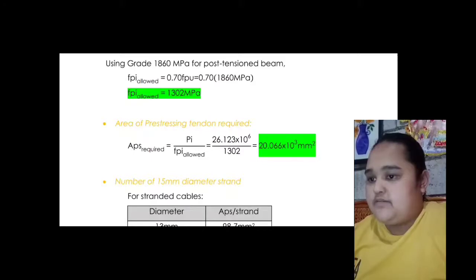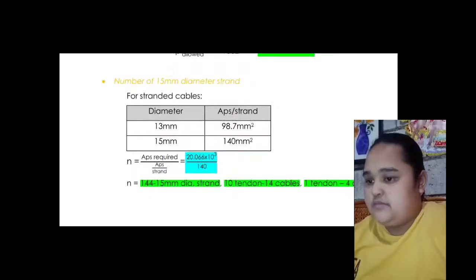The number of 15 mm diameter strand, N, is equal to APS required over APS per strand, 20.066 times 10 raised to 3 over 140, which is 144 15 mm diameter strand, 1 tendon, 4 cables. And check the strength capacity of the section.